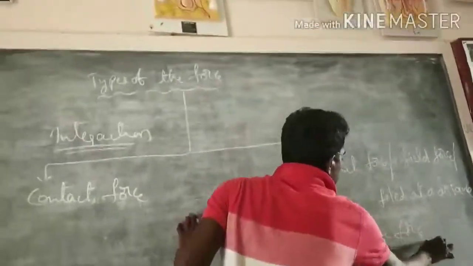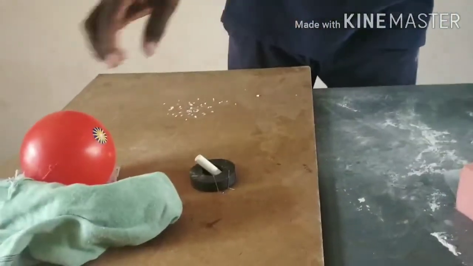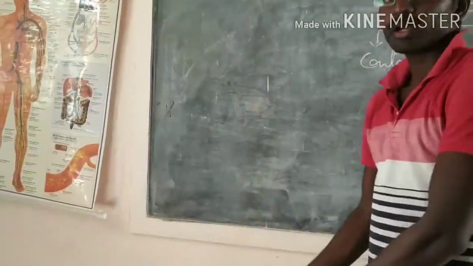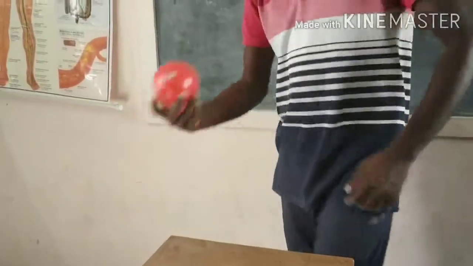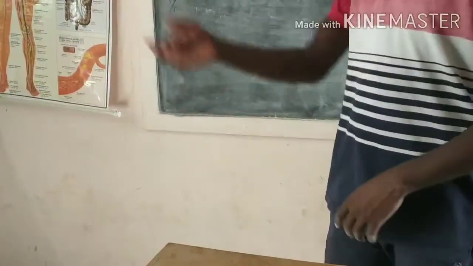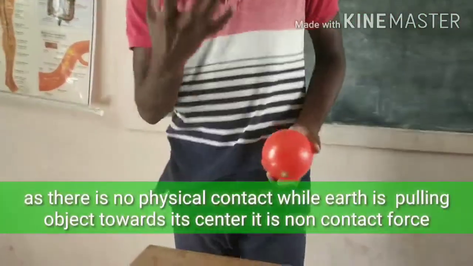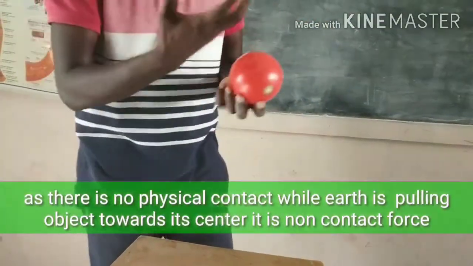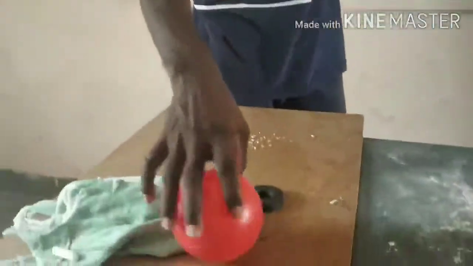So the magnetic force is a non-contact force. Then what will happen if this ball is thrown into the air? It will come towards the earth. Yes or no? It will not go upward. Why? Because the earth pulls it towards itself. So some force attracts the ball towards the earth.